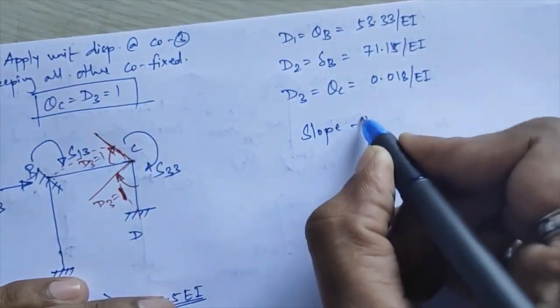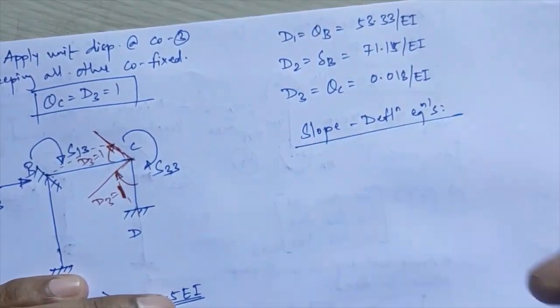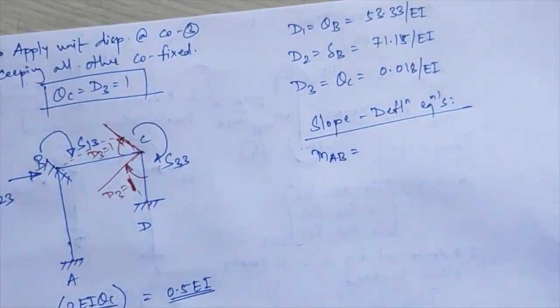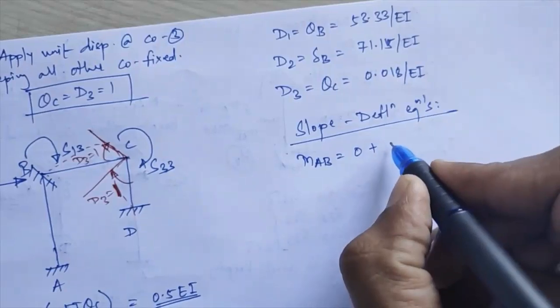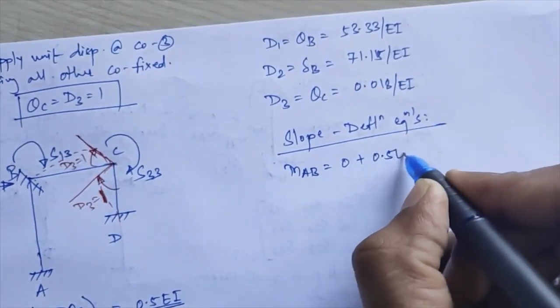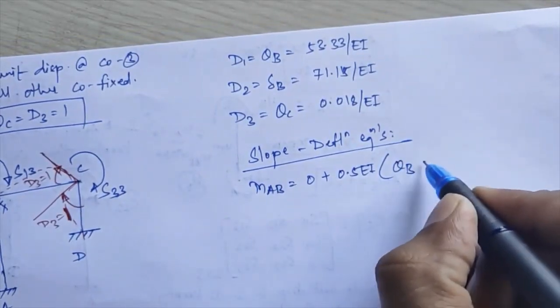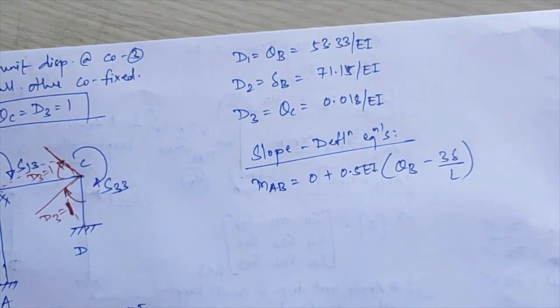So next step will be your slope deflection equations, that is for your first member AB. M AB is equal to MF AB, that is your 0 plus 2EI upon L, so 2 divided by 4, that becomes 0.5 of EI, into bracket theta A is 0, just what will remain, theta B minus 3 delta upon L. This will be your one basic change in your sway frames over there.